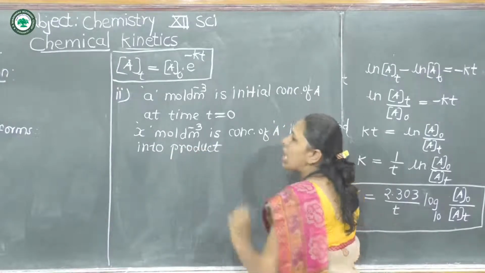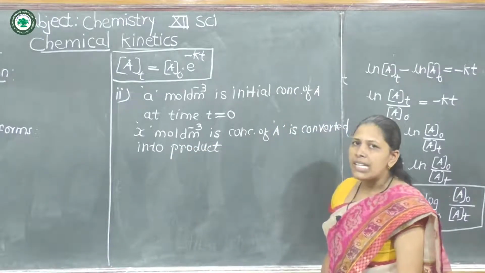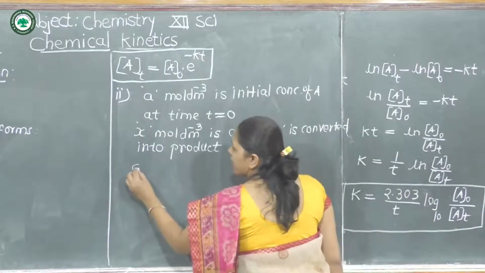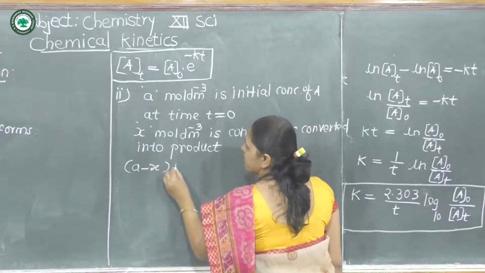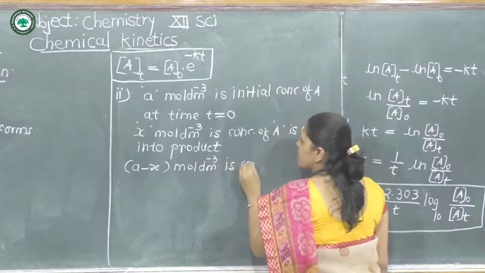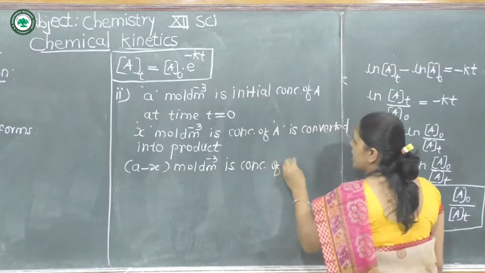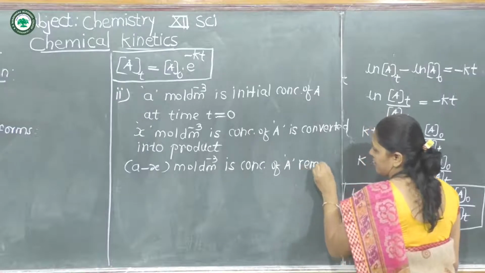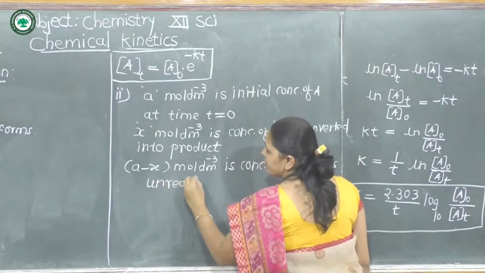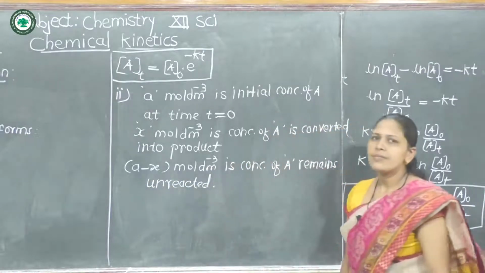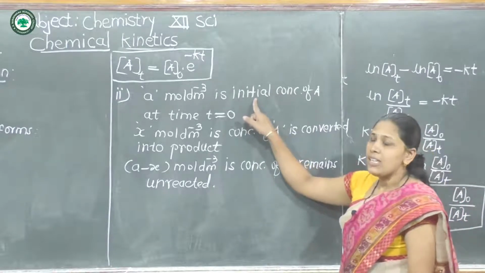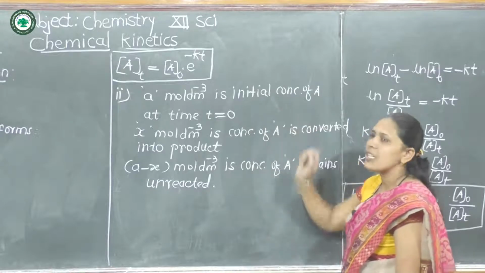Then the remaining unreacted concentration of reactant A will be a minus x. A minus x mole per decimeter cube is the concentration of A that remains unreacted. Substituting, a mole per decimeter cube is the initial concentration.